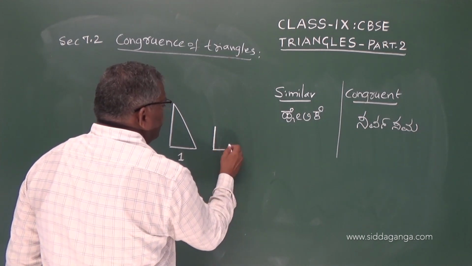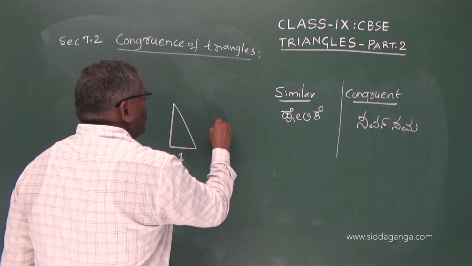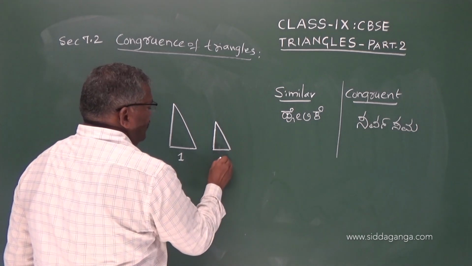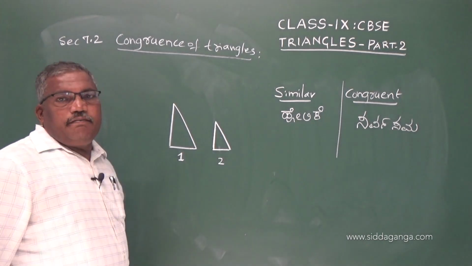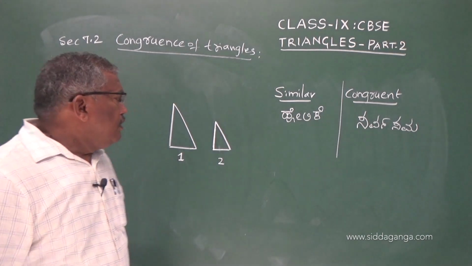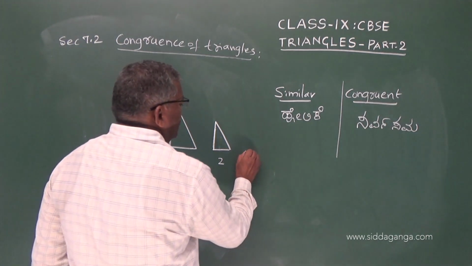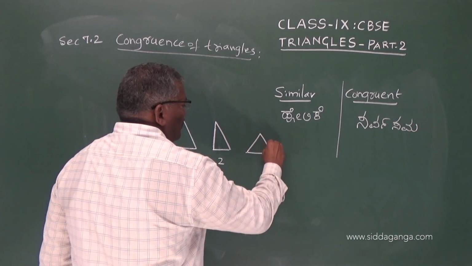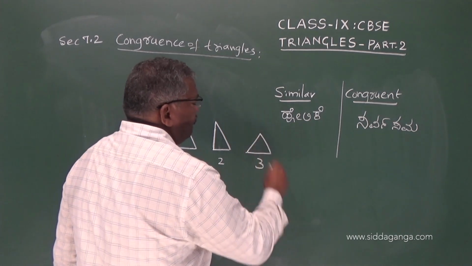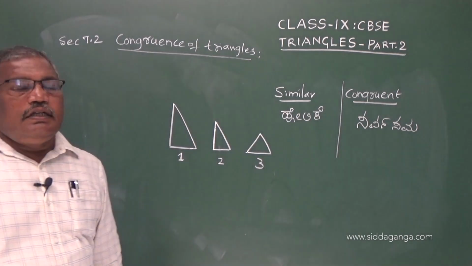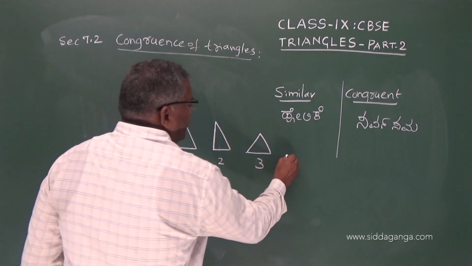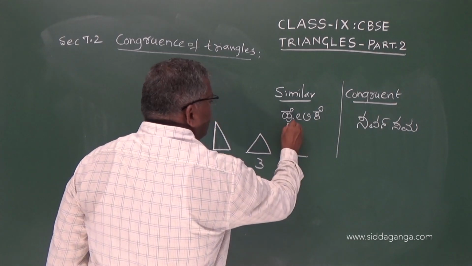This is also a right angle triangle. Another triangle I call 3, and let us discuss these. Now I write another triangle, the fourth one.